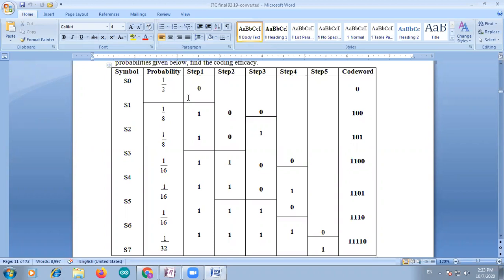That's why the procedure of assigning bits to the symbol is completed. The rest are the remaining symbols.